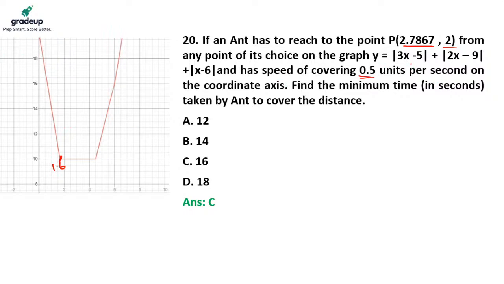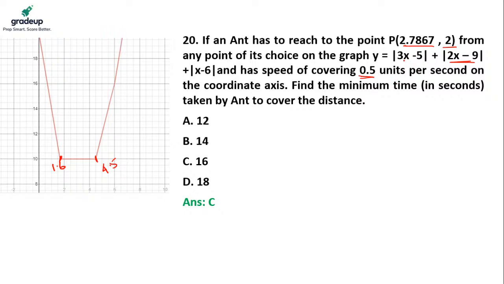All the numbers would be negative, and it will be a decreasing function. In between this value and the next value, 4.5, because at this value the function will change. From 1.6 to 4.5 it is going to be a straight line.